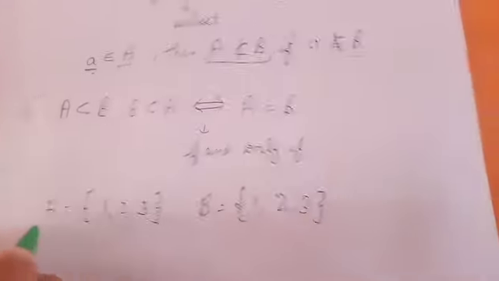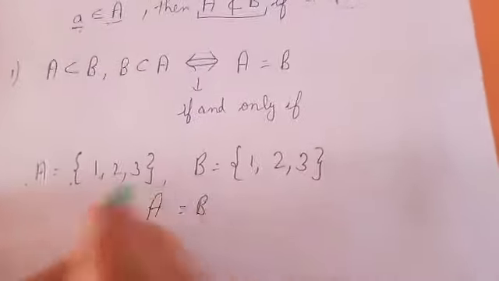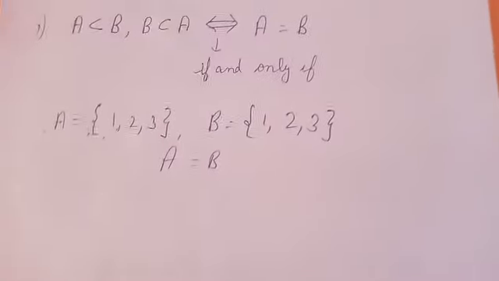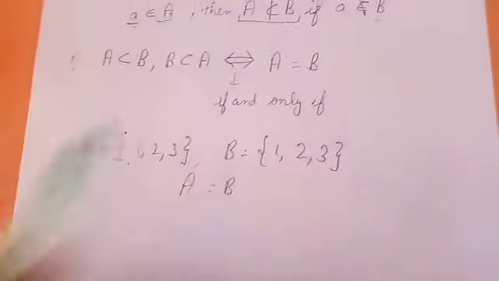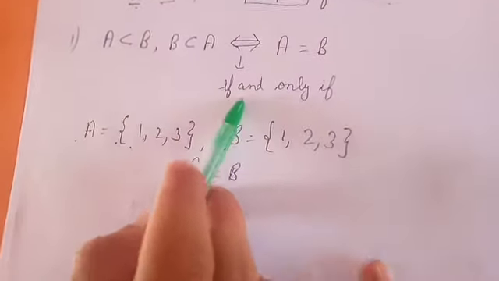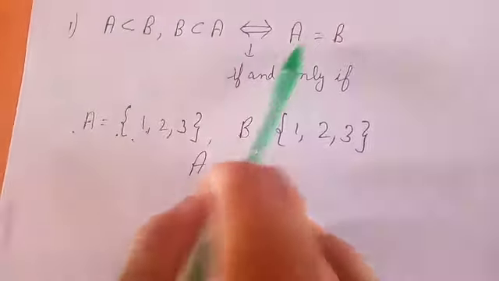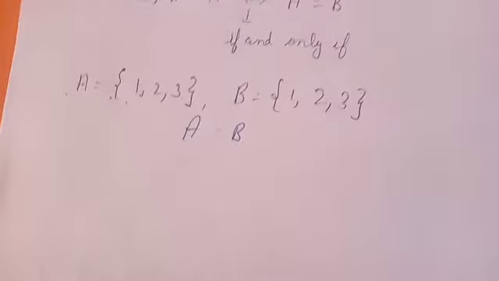And also you can check that A is equal to B, because all the elements are the same. That means A is a subset of B and B is a subset of A is possible only at that time when A is equal to B.